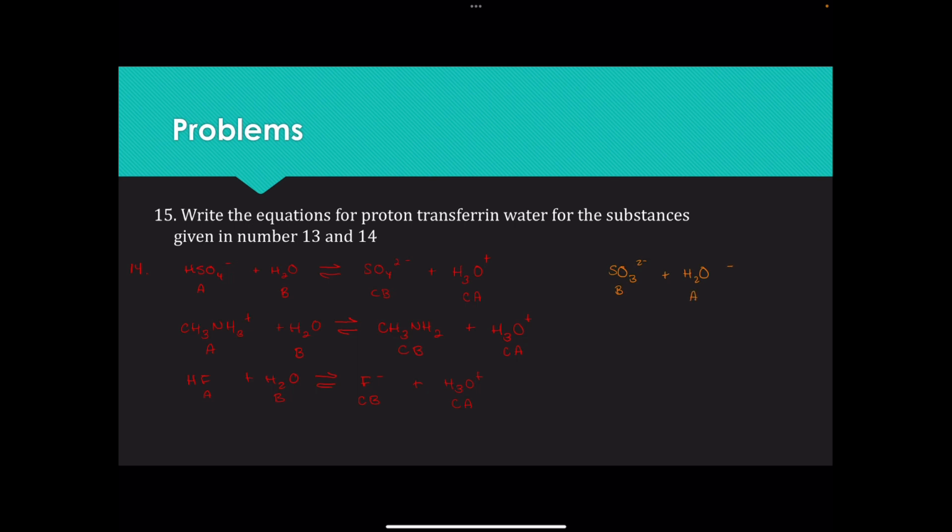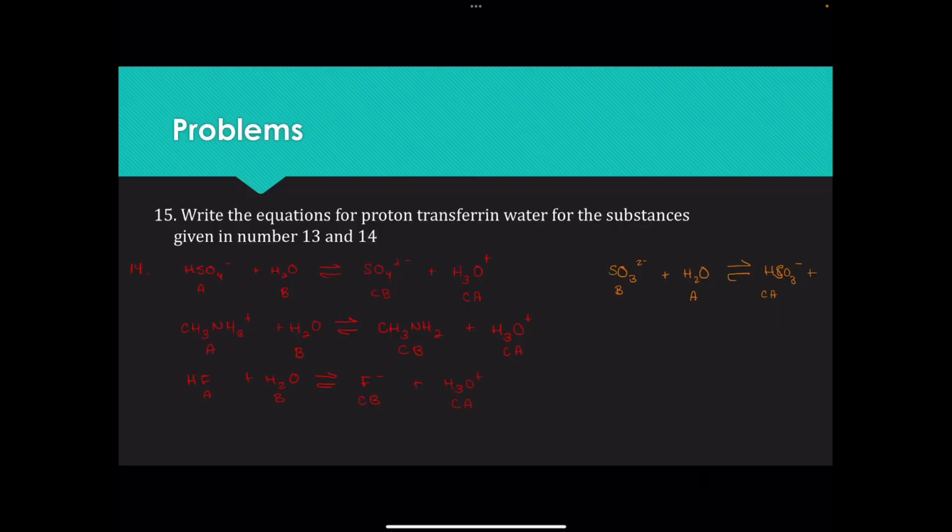So water will be an acid. Water will donate a hydrogen to that base, forming our conjugate acid. And then if water is giving a hydrogen away, it goes down by 1, giving me OH-.